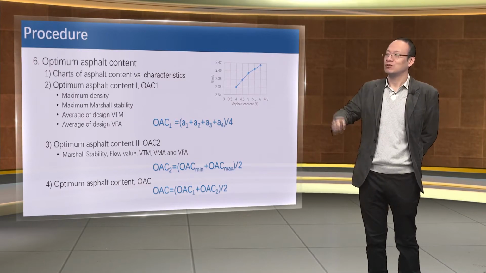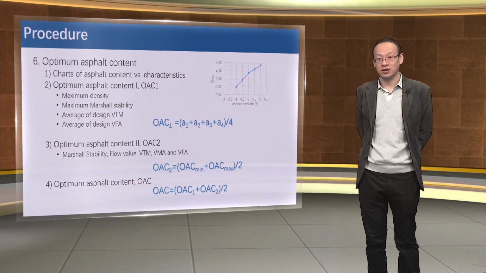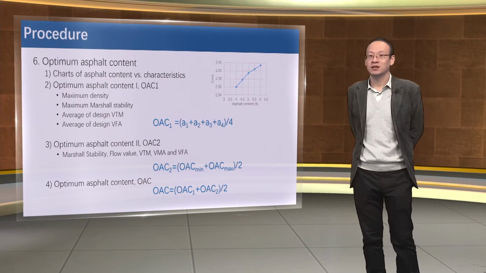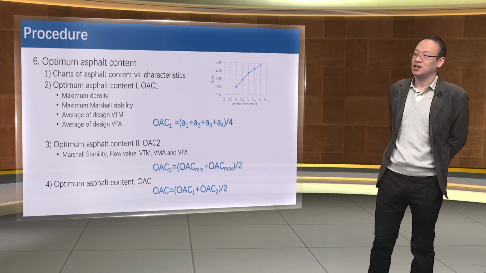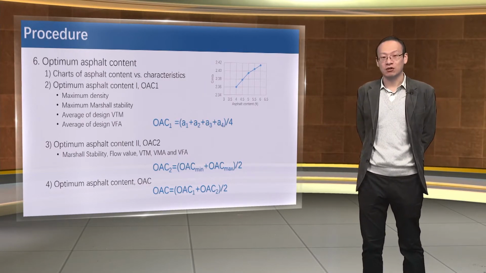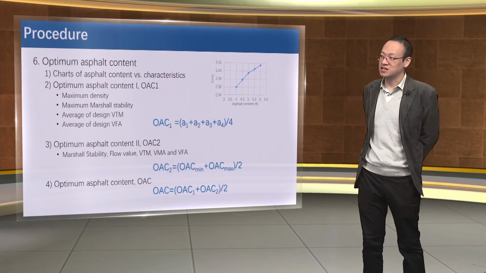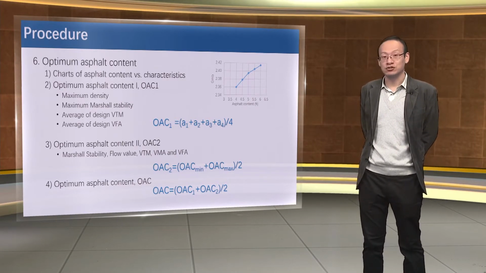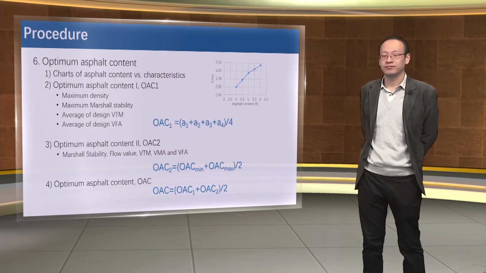Firstly, we draw the chart of asphalt content versus those characteristics. Secondly, we calculate OAC1 based on the asphalt content corresponding to maximum density, maximum Marshall stability, average of design VTM, and average of design VFA.